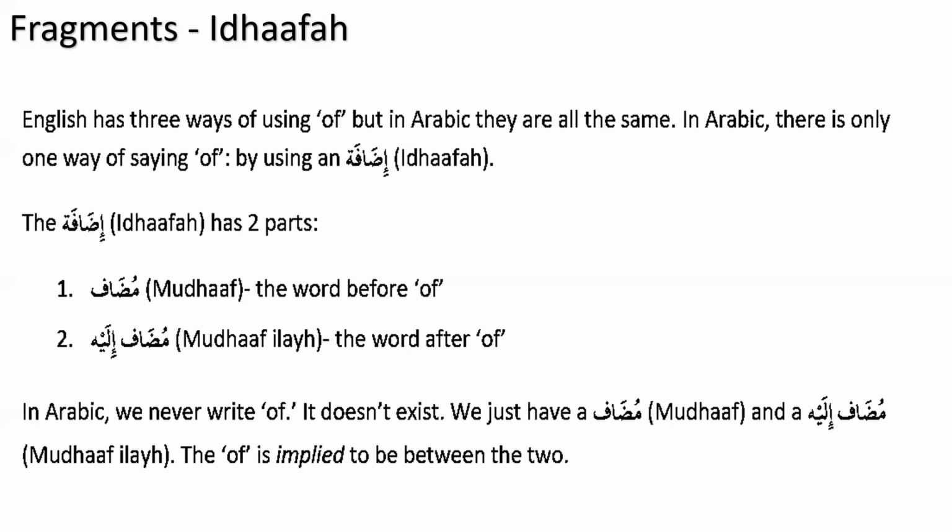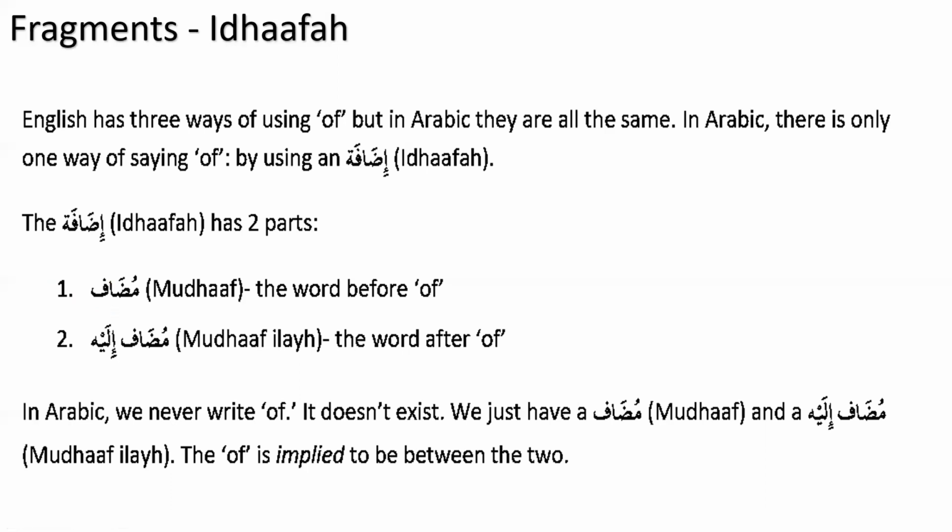We can say Lord of yours. If I say my house, it's house of mine, but we don't say that in English. It's better English, my house, but still there is an "of." And if you remember our lesson, maybe week 2 or week 3, when we learned about rafa, nasab, and jar, we said jar is the word that comes after "of." So mudaf ilayh is always jar basically.